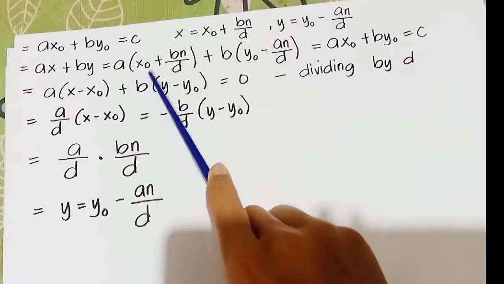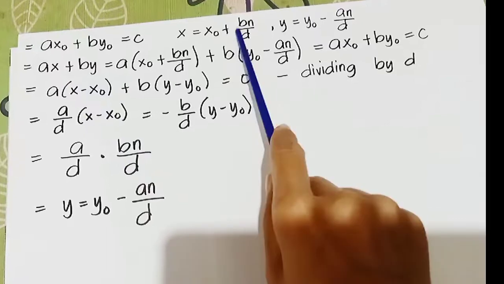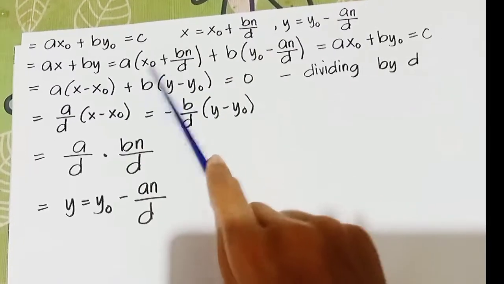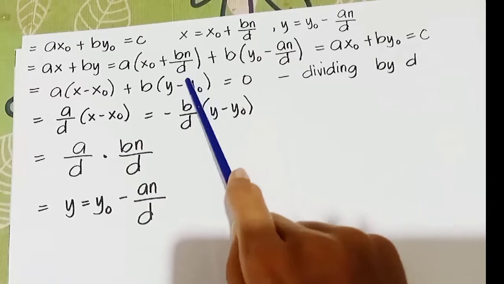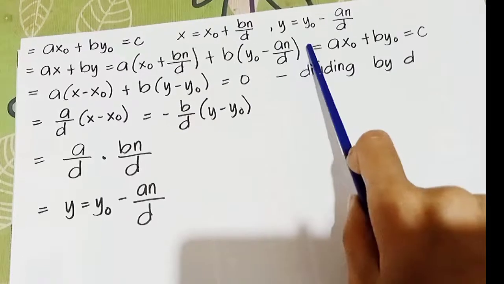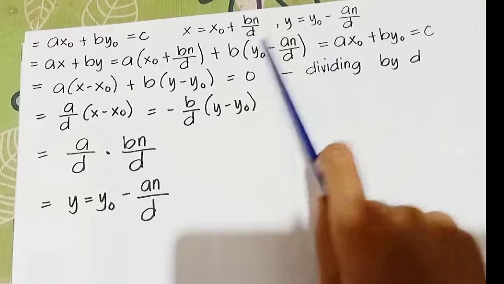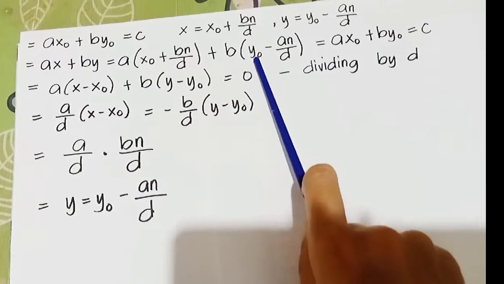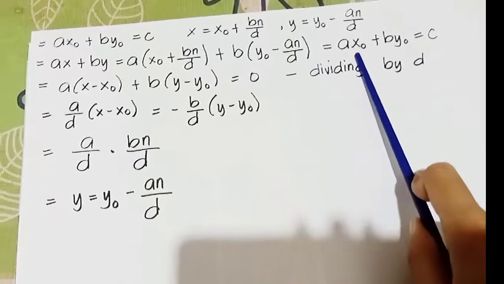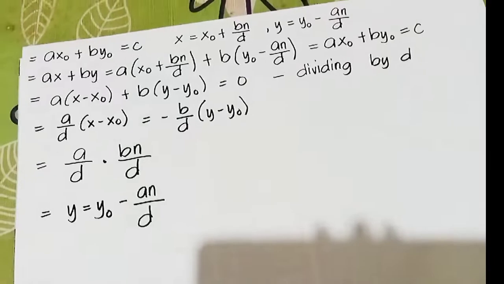a times x, so we replace the value of x, so a times the quantity x0 + bn/d, plus b times the quantity y0 - an/d, equals ax + by = c.